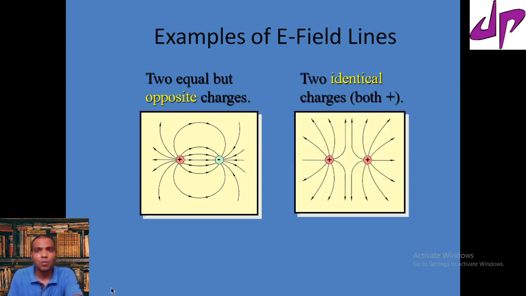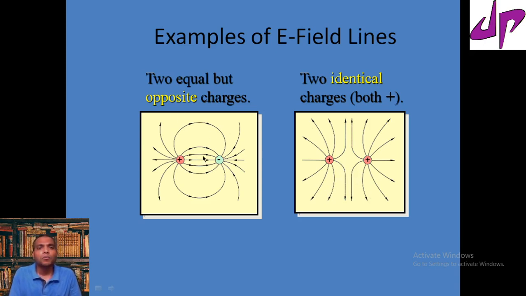Suppose you take both the same charges. Then they will interact with each other. A positive charge and a positive charge repel each other, so the electric field lines move away from them.